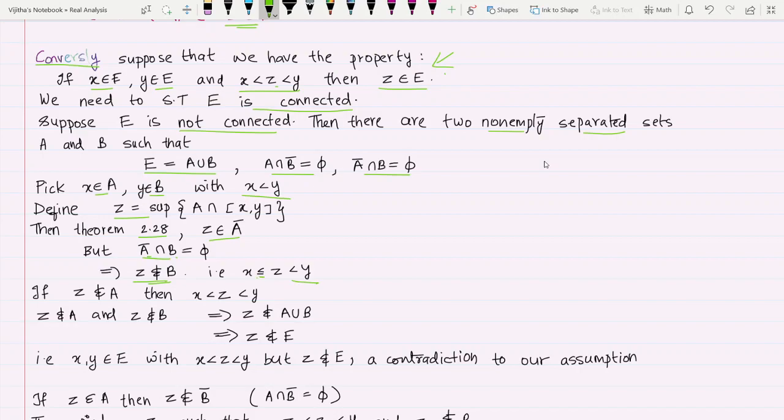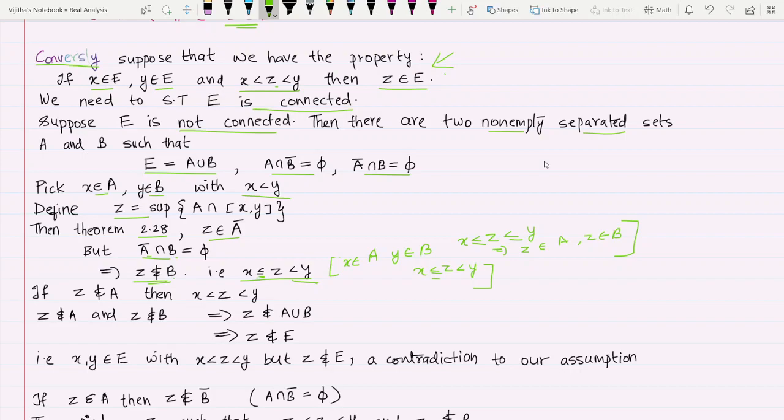Okay, here we have the equality sign because Z can be an element of A, because X comes from A and Y comes from B. So if I write X less than Z, Z less than or equal to Y, this means that Z can be an element of A and Z can be an element of B. Okay, but if I write X less than or equal to Z less than Y, it means that Z can be an element of A, but Z cannot be an element of B. So that's why we have written Z not an element of B means that X less than or equal to Z less than Y.